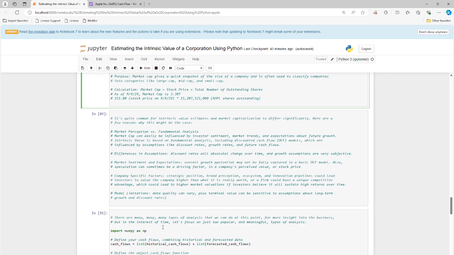And a couple more things I have in my notes here. Market perception versus fundamental analysis. Market cap is the overall confidence or feeling of investors in the broader market, right? And fundamental analysis can remove some biases from the market cap numbers, because we can do our own investigation, our own discounted cash flow, our own WACC, figure out our own risk-free rate and equity risk premium, like we saw before.